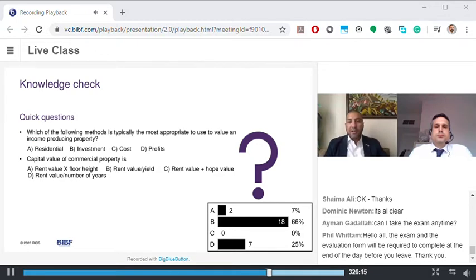The capital value of a commercial property is: rent value multiplied by floor height? Rent value over yield? Rent value plus hope value? Rent value over number of years?